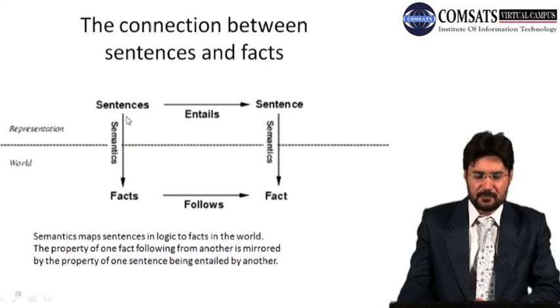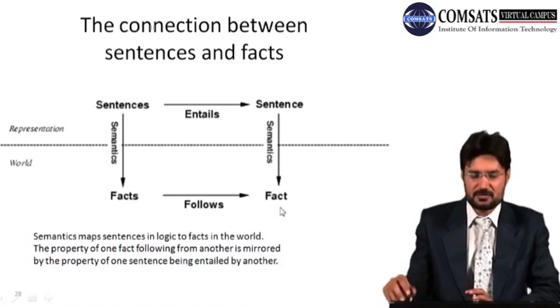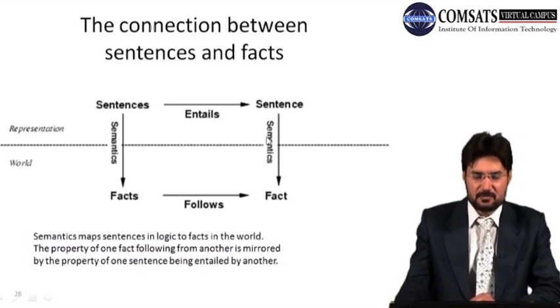Because the world is changing and there are multiple changes in the situation, we can also make changes accordingly. If the world is changing, the sentences and the representation will also change, and then we will also make changes accordingly in the facts.